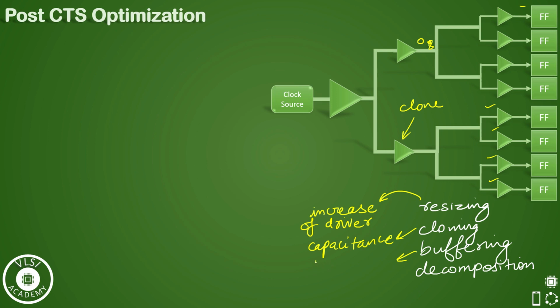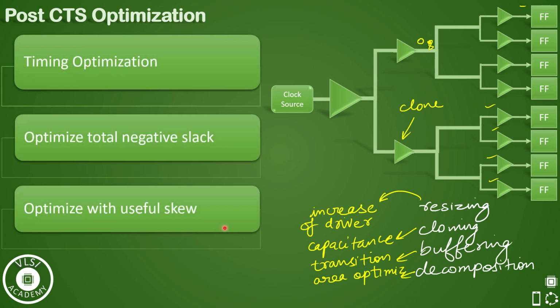Then comes buffering. Buffering improves the transition generally, and in turn it improves the signal strength and reduces the delay for the setup. Then decomposition helps in area optimization, and it also helps in timing optimization.